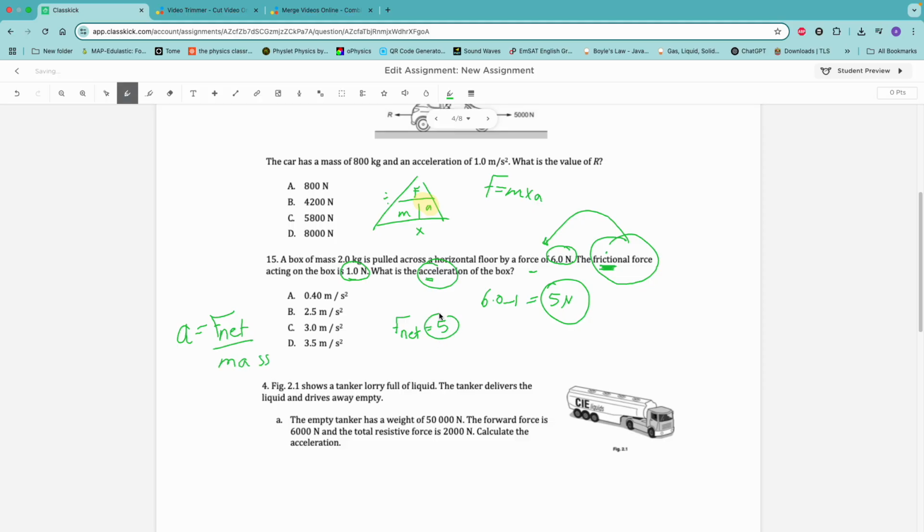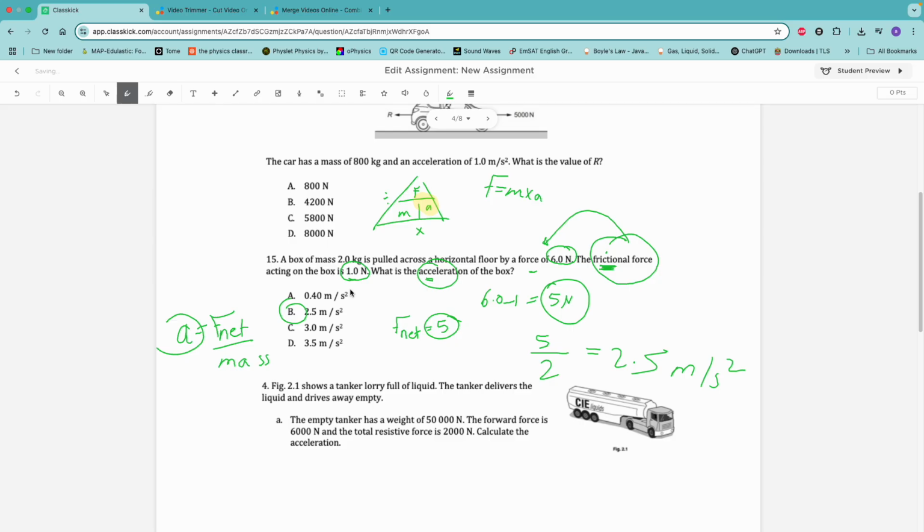We just calculated net force is 5. What is the mass? 2. So it gives 2.5, and our measuring unit is meter per second squared because we're calculating acceleration. Option B.